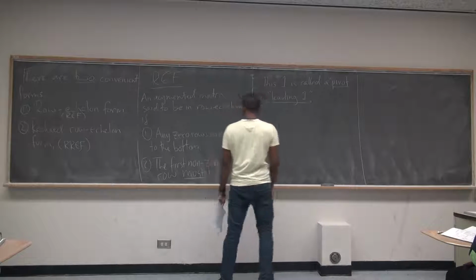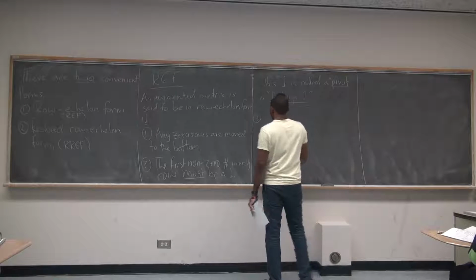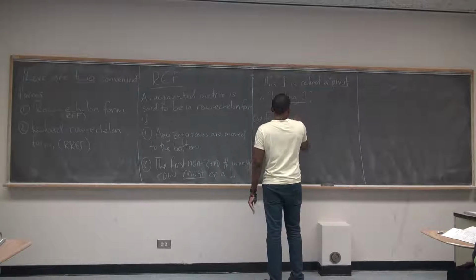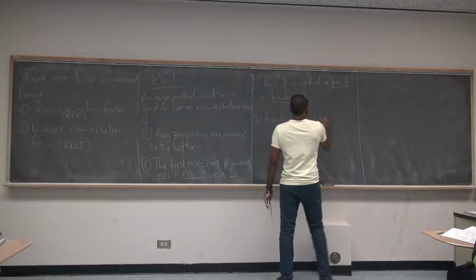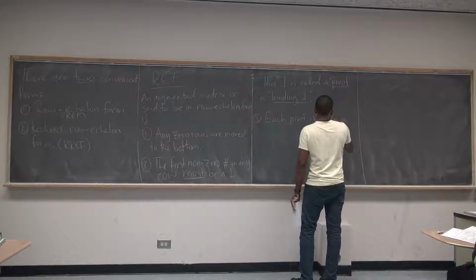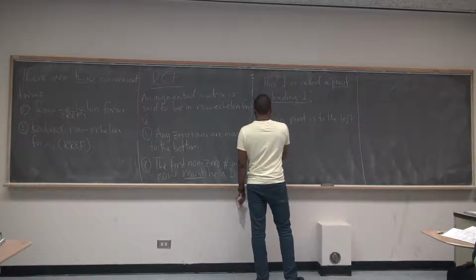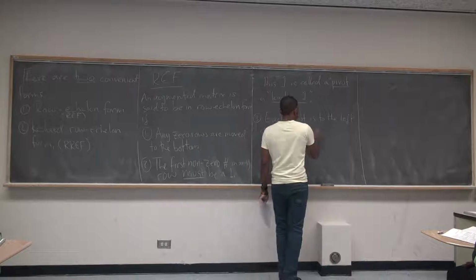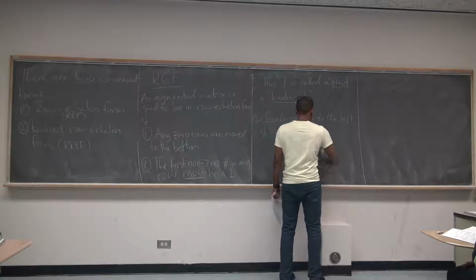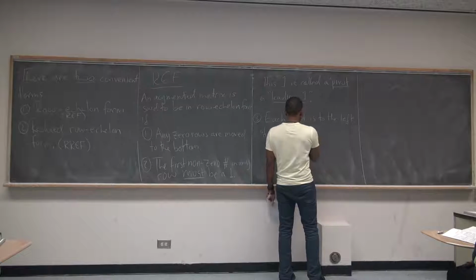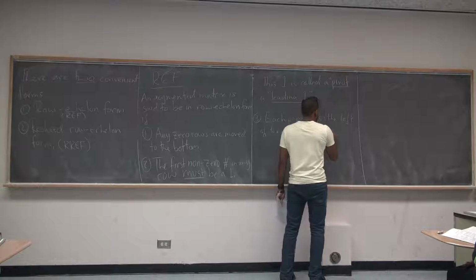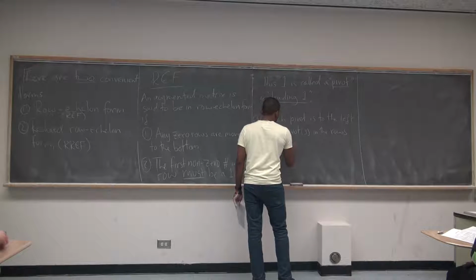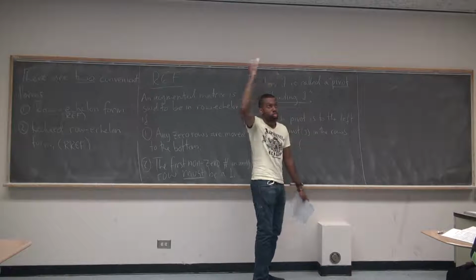3. Each pivot is to the left of the pivots in the rows above it. Except obviously if you're in the top row, there's no one above you.